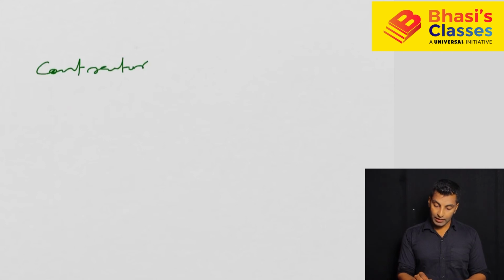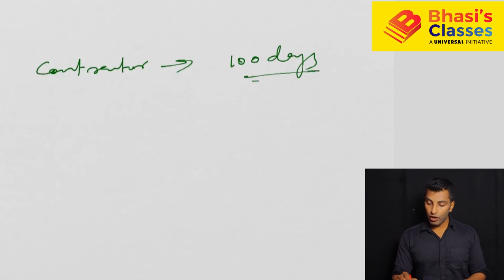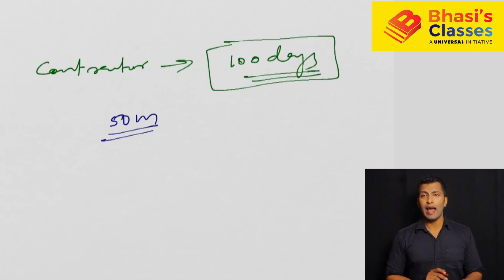Now the applications of this question. You'll get questions like, let's suppose a contractor wants to finish a work in 100 days. That's the time period given. He started with 50 men and thought that he could complete the work in 100 days.